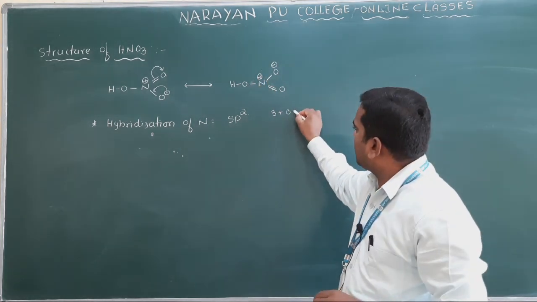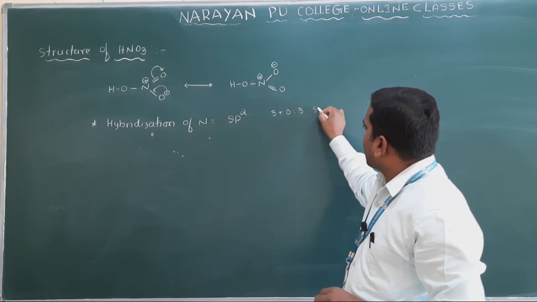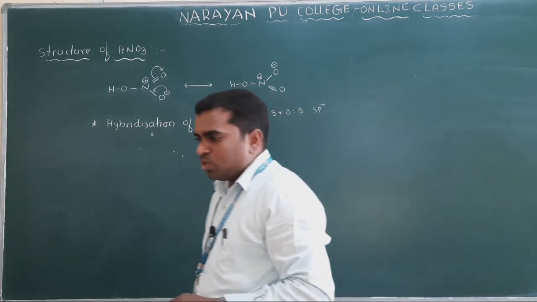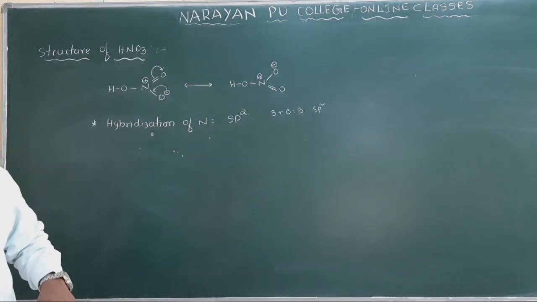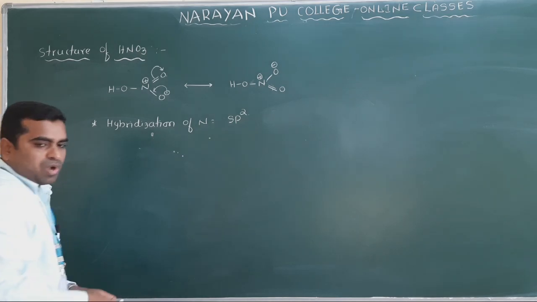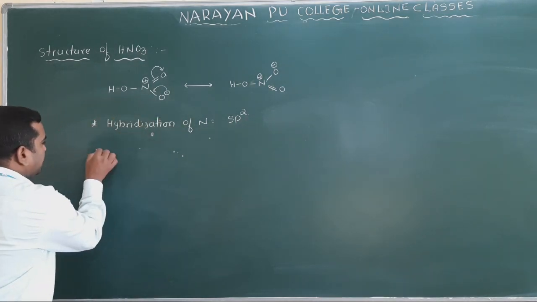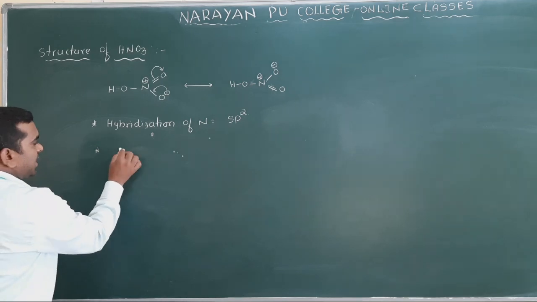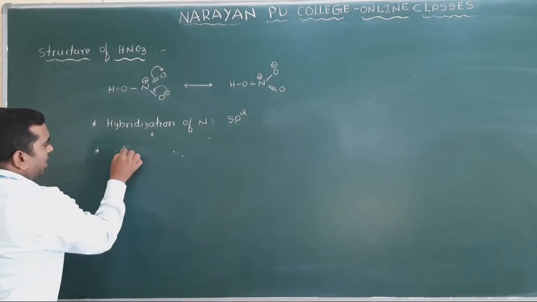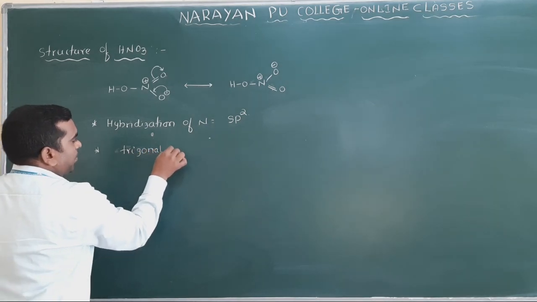No, so 0. 3 plus 0 means 3, so the hybridization is sp2. So the hybridization of nitrogen in HNO3 is sp2. sp2 hybridization means the structure of HNO3 is planar, trigonal planar.